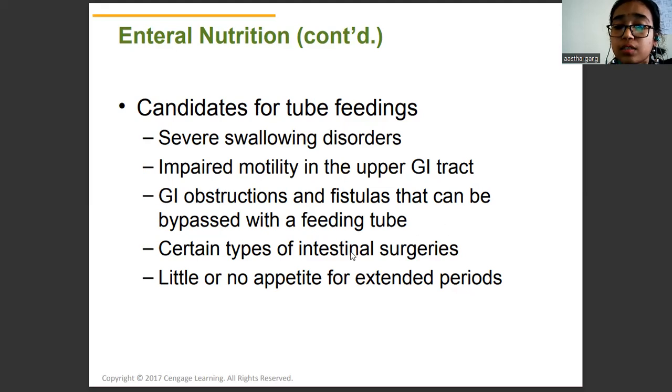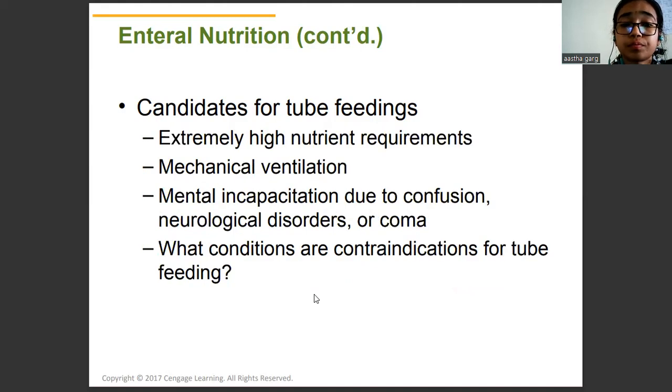Certain types of intestinal surgeries are there. In those cases, enteral nutrition can be given. Little or no appetite for extended periods of time. If the patient is not willing to take any food due to some reasons, in those cases also enteral nutrition can be opted. The other requirements can be extremely high nutrient requirements.